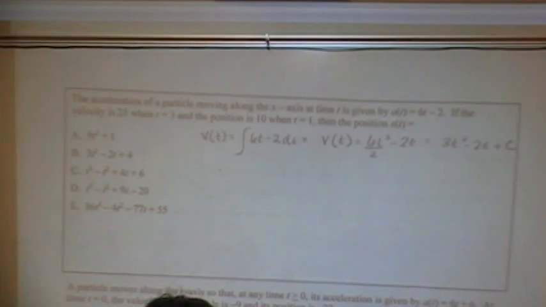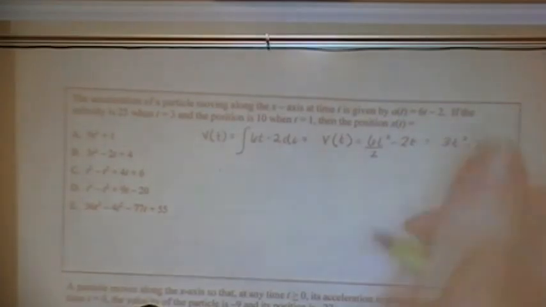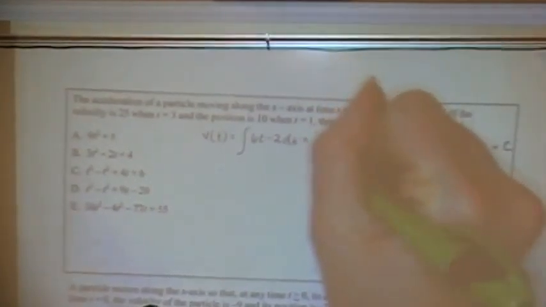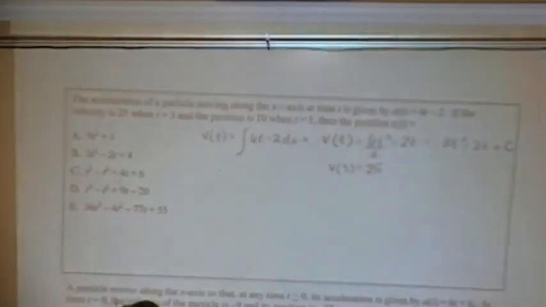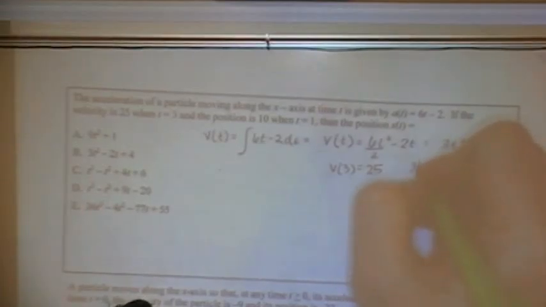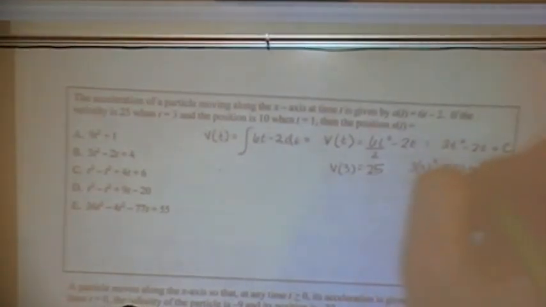All right, that's velocity. They gave me something at velocity, didn't they? If the velocity is 25 when t is 3. So I know v of 3 equals 25. So I can plug in and find my constant. That's why they gave us that. So 3 times 3 squared minus 2 times 3 plus c needs to equal 25.